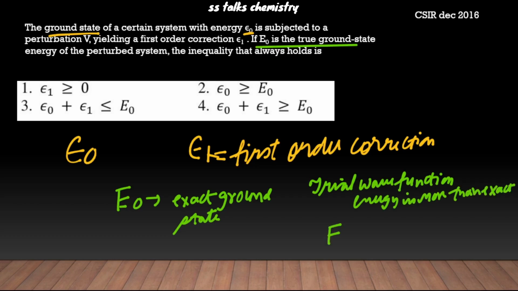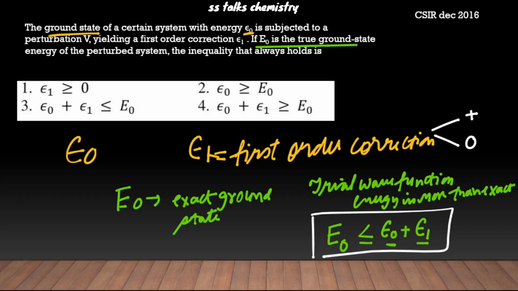That means the E naught value is going to be less than or equal to the perturbed system energy, which is E naught plus E1. This E1 value, the first order perturbation energy, for the ground state is always positive or 0. That is why the less than or equal to symbol has been imposed here. Right? So this is the energy scenario you are going to observe.